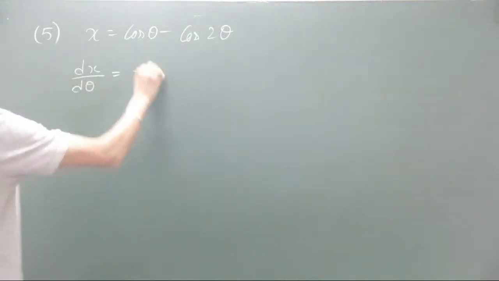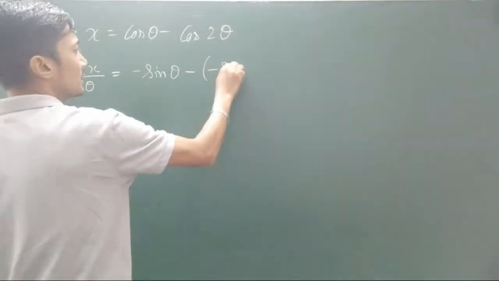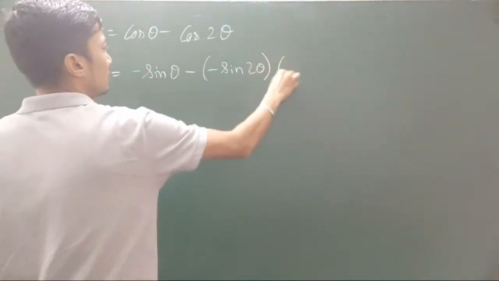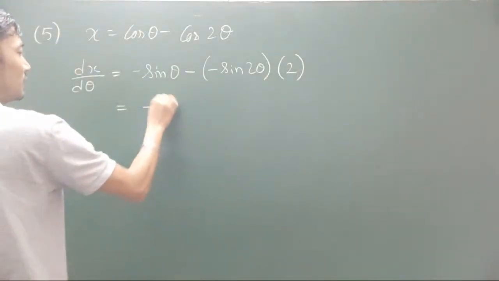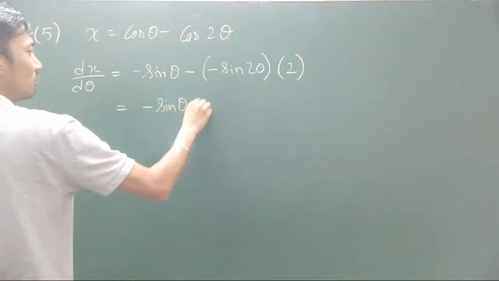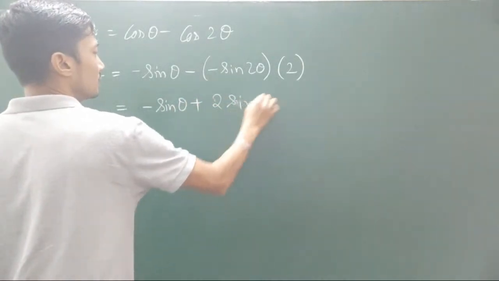So differentiation of cos theta is minus sin theta, minus derivative of cos 2 theta is minus sin 2 theta, and derivative of 2 theta will be 2. I hope that's fine. So dx by d theta is minus sin theta plus 2 sin 2 theta.